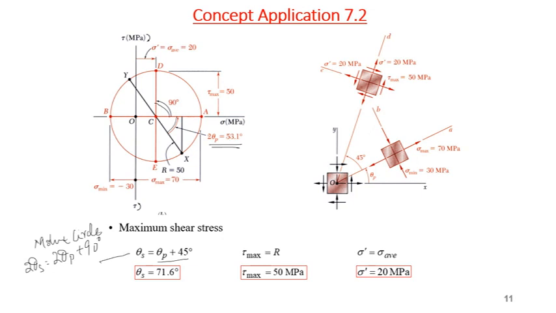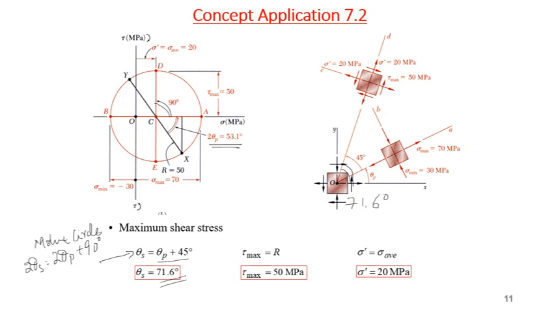But in actual, it will be like this. So if you put the value of theta p that we already know, theta s will be 71.6 degrees. It means from the original orientation, the maximum shear stress will be at this angle, and that is 71.6 degrees.